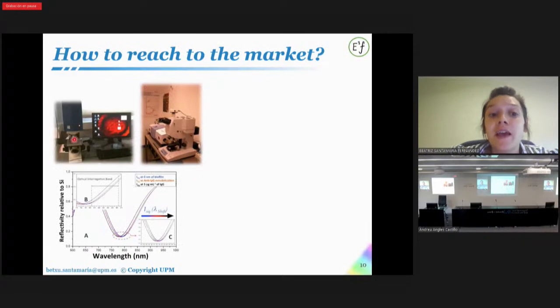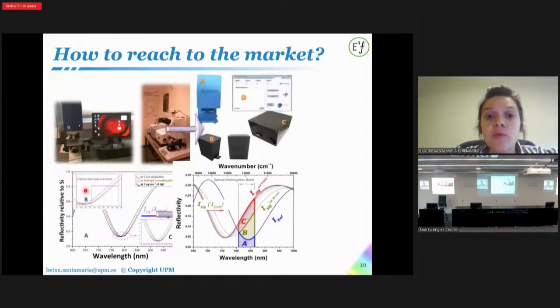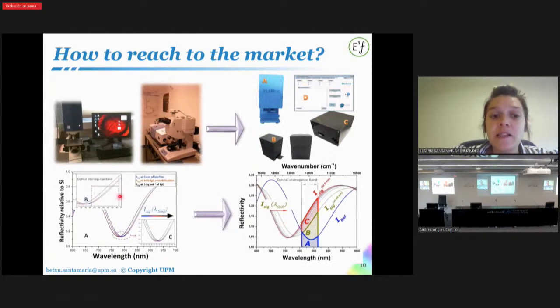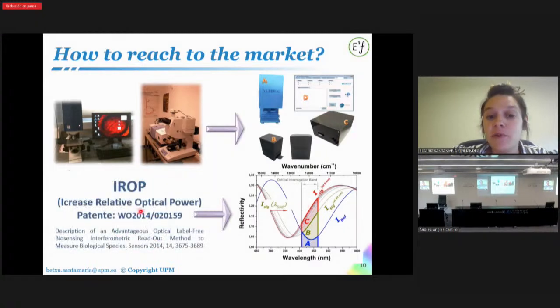As I said, the FTIR, the Fourier transform spectrometer, needs very complex facilities, and it provides very complex data. So in our group, we tried to transfer this kind of readout into this kind of readout that we call the increased relative optical power.